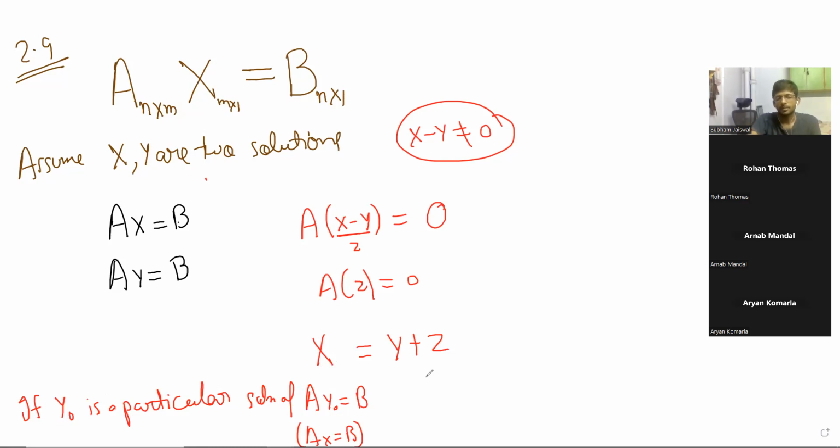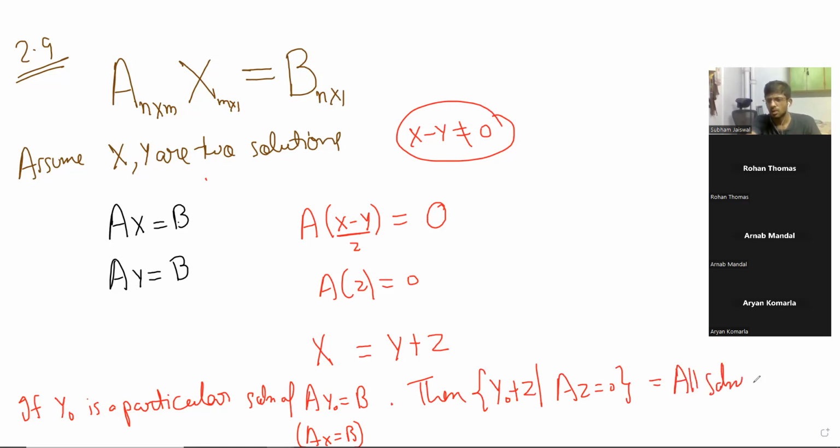But anyway, you understand. So if y naught satisfies this, then this collection y naught plus z, where Az equal to 0, is all the solutions of this equation Ax equal to b. That's what we have shown right now.